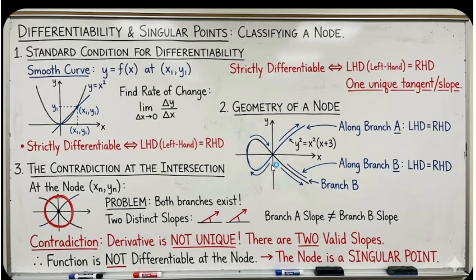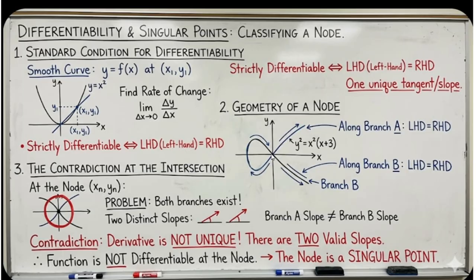But if you do not consider branch B, let us assume that there is no branch B, in that case definitely there is a unique slope.